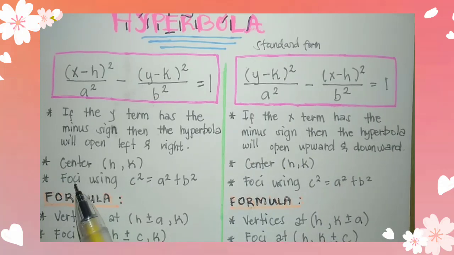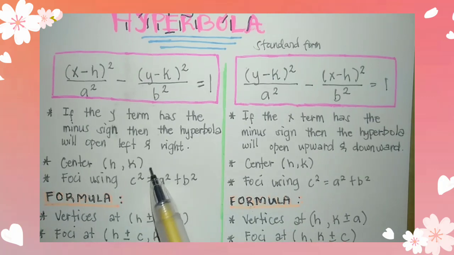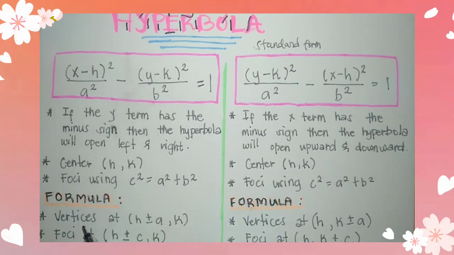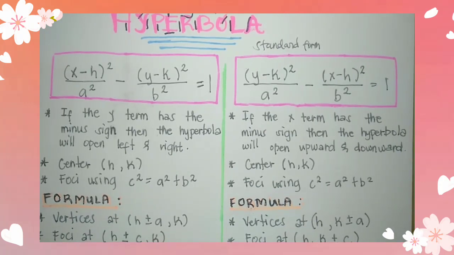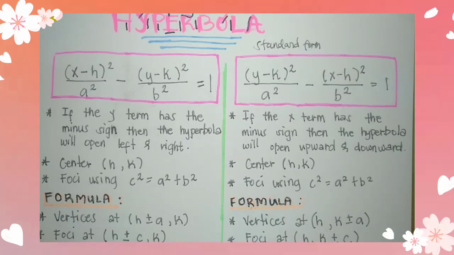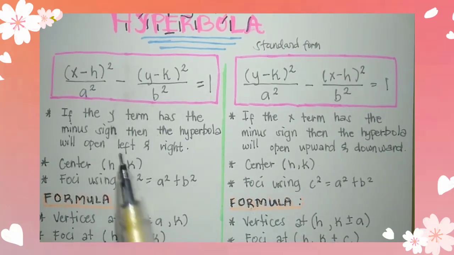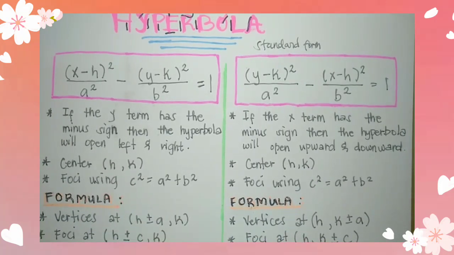To enable us to identify the foci, we are going to use the Pythagorean theorem, which is c squared is equal to a squared plus b squared. Meron tayong formula for our vertices and foci, and later on, ituturo ko sa inyo kung paano kayo mag-graph ng hyperbola even without memorizing the formula for vertices and foci. So, ito lang yung gagamitin natin later on sa pag-graph ng hyperbola.